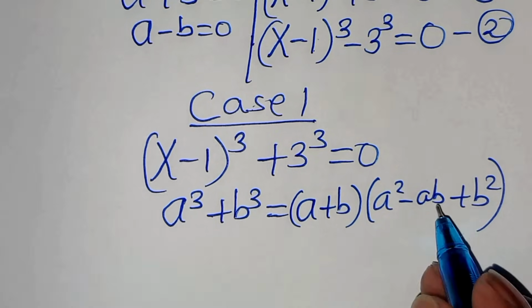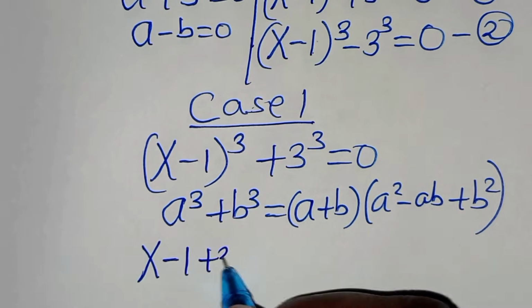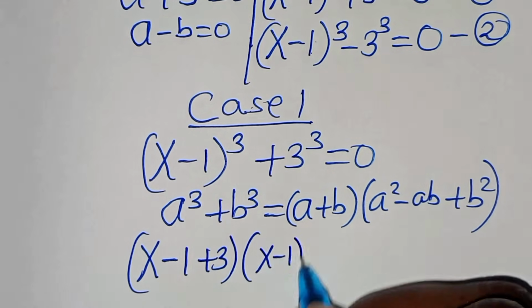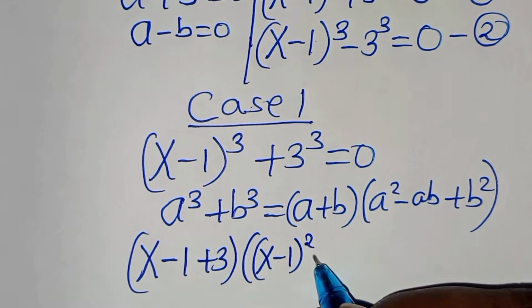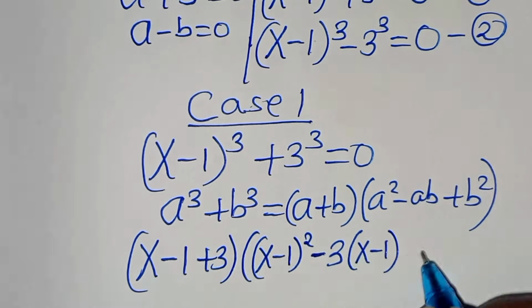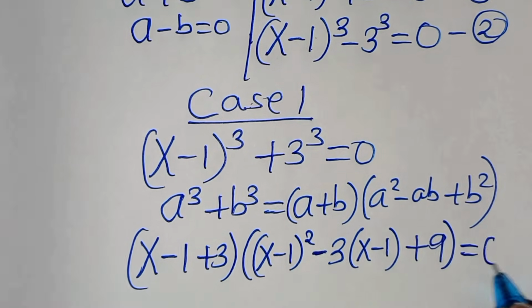Applying this identity, we have (x - 1 + 3) times ((x - 1)^2 - 3 multiplied by (x - 1) + 3 squared, which is 9), equal to 0.